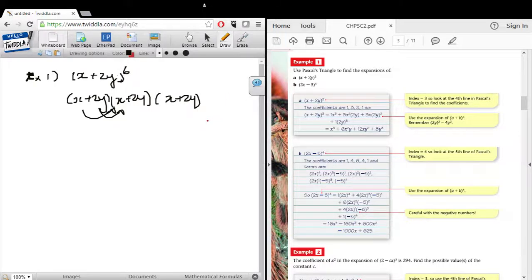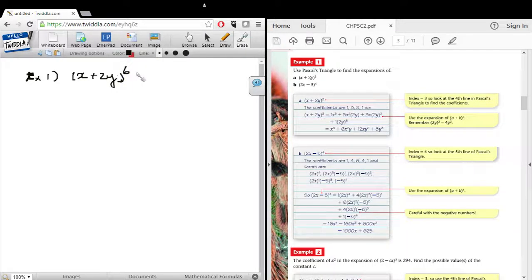What they do expect you to do is use Pascal's triangle, and the time that you have in the exam will be evidence of that. So you need to be cautious about how you approach the questions. I think for anything greater than cubed, in an exam where you haven't been asked to use Pascal's triangle, I would highly recommend you use Pascal's triangle.